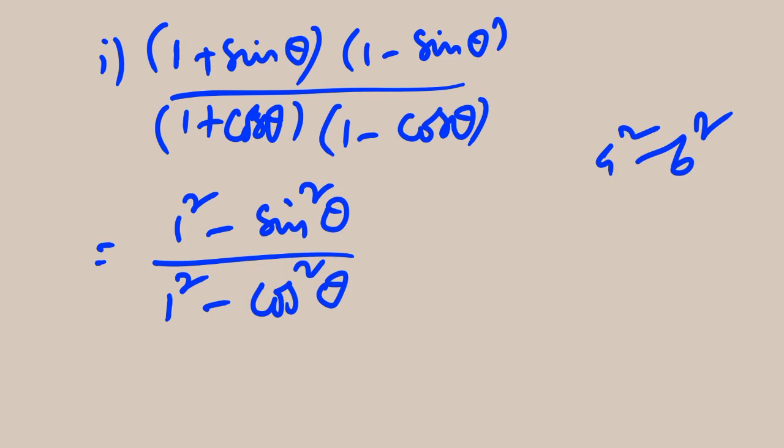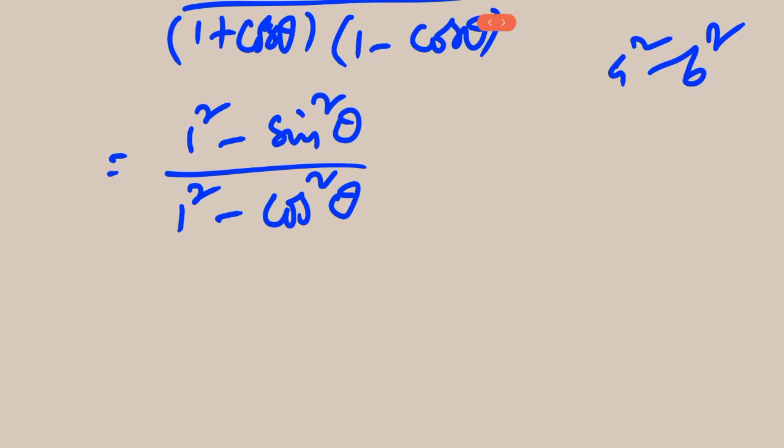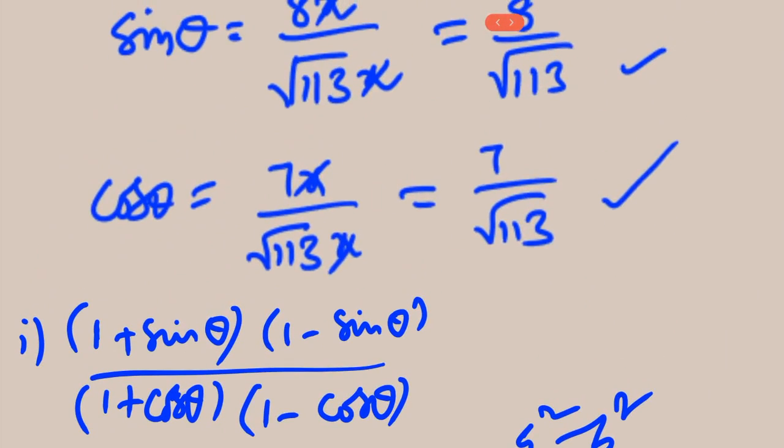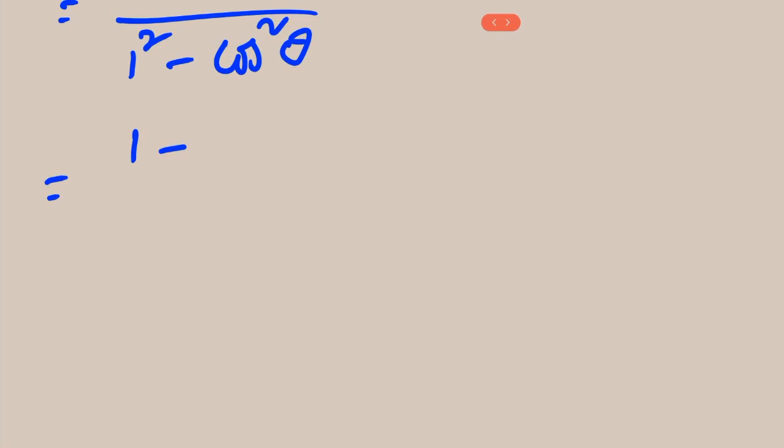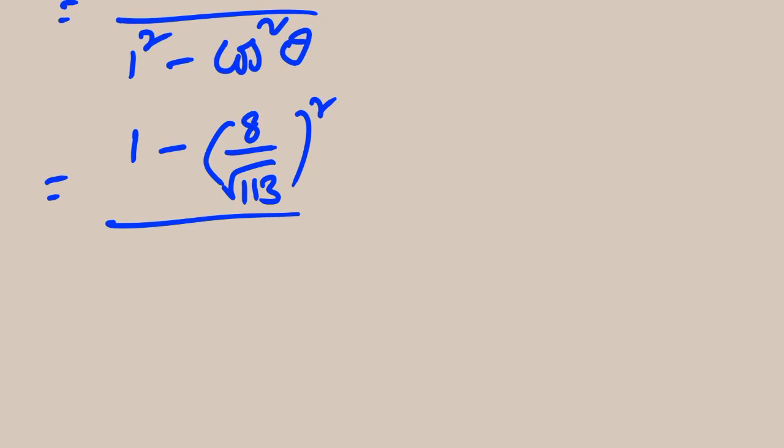Now I substitute the values here. 1 square is 1, but for sin square theta, the sin value we got is 8 by root 113. So 8 by root 113 whole square, divided by 1 minus 7 by root 113 whole square.